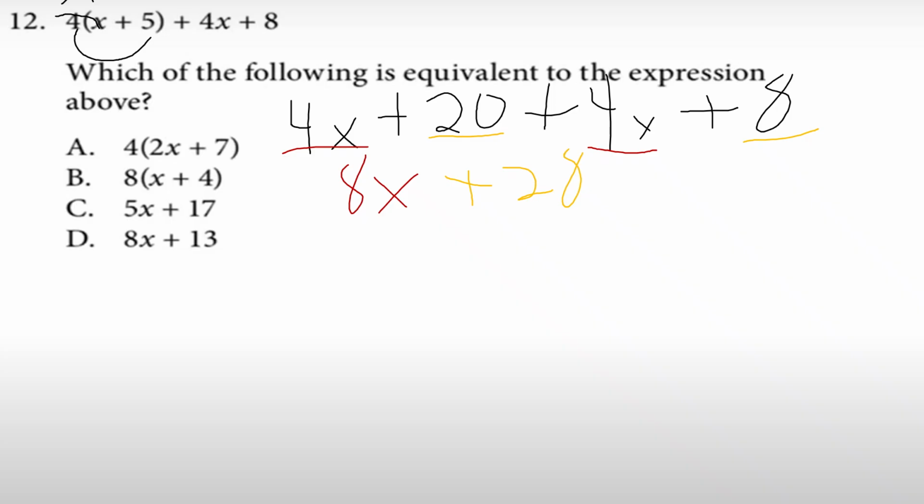So 4 can go into 8 evenly, and 4 can go into 28 evenly. So we're going to have our 4, and we have to have parentheses because we have to multiply 4 by something. So 4 goes into 8 2 times, so that's going to be 2x plus, and 4 goes into 28 7 times, so that would be 7. So our answer is A.